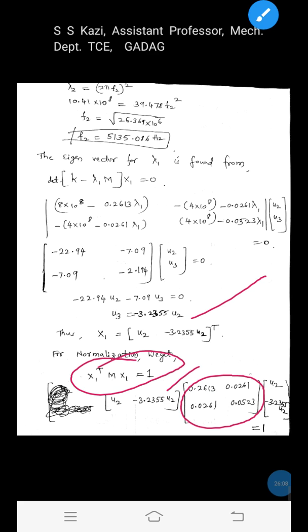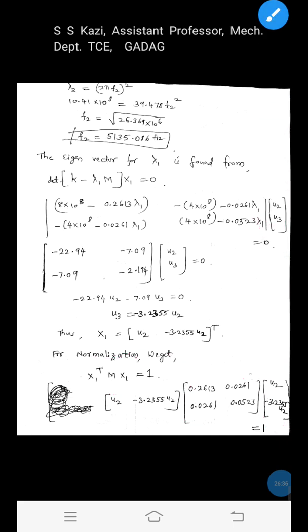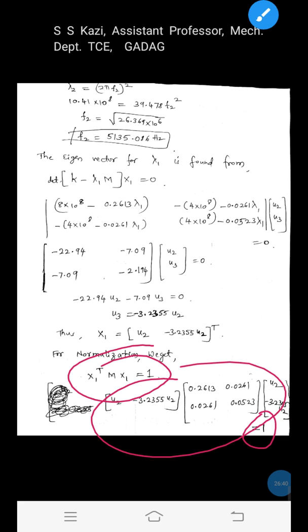After eliminating the first row and first column, we got the mass matrix 0.2613, 0.0261, 0.0261, 0.0523, multiplied by x1, which is u2 and u3, that is minus 3.2355 u2, equal to 1. This is the normalization expression.